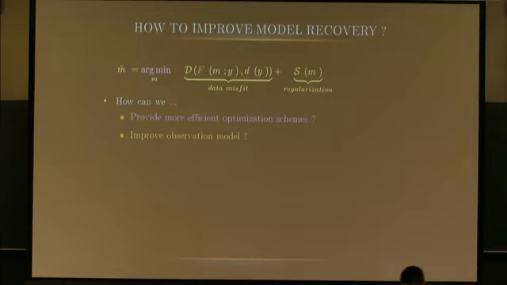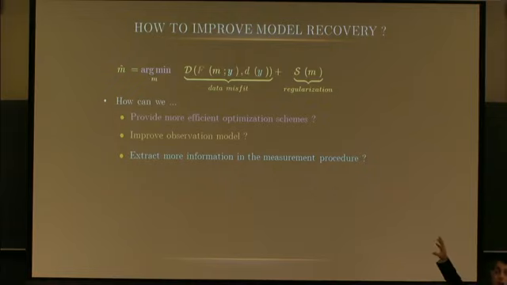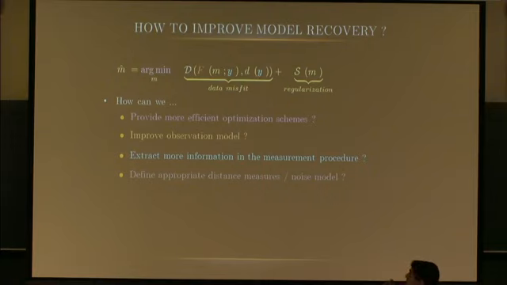Next thing that you can do, and that will be one of the topics of today's talk, is how can I extract more information already from the measurement rather than relying on the somewhat bogus term that we have on the regularization. And another question, and I think Erki was touching that in some regard, is really how can you model the noise in a better way, right?